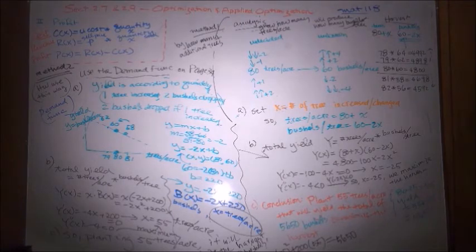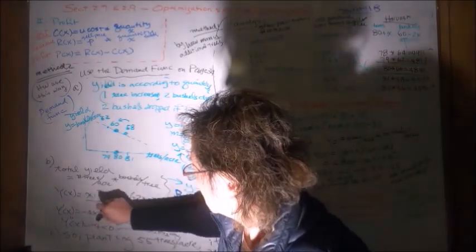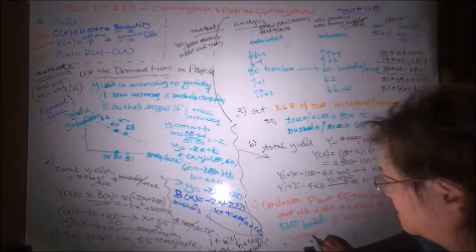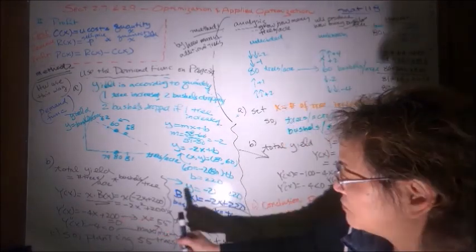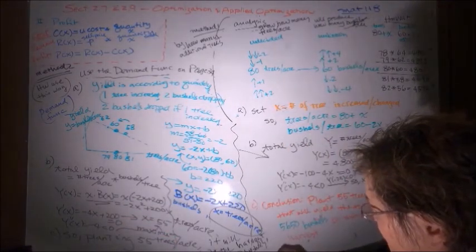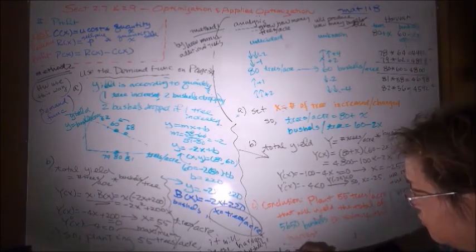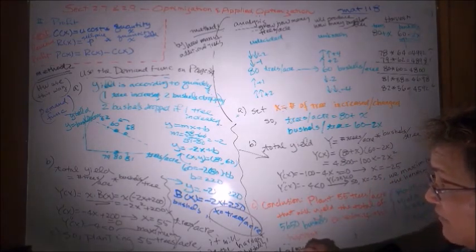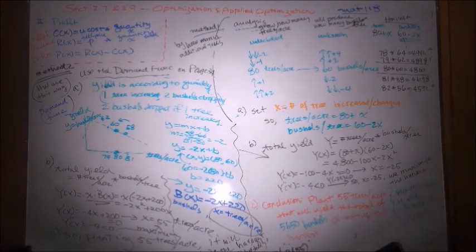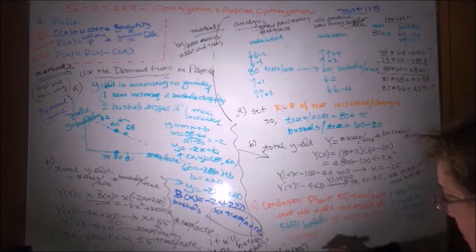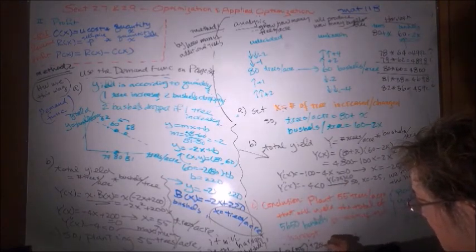Or you can look at the yield this way. Yield is what? How many trees times how many bushels per tree, right? So you have 55 trees. How many bushels would that be? Negative 2 times 55, right? Plus what? 220 plus 200.